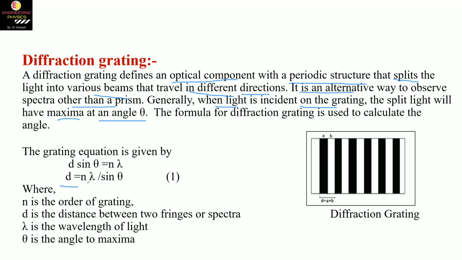So d equals n lambda upon sin theta, where n is the order of the grating, d is the distance between the two fringes or spectra, lambda is the wavelength of light, and theta is the angle of maxima.